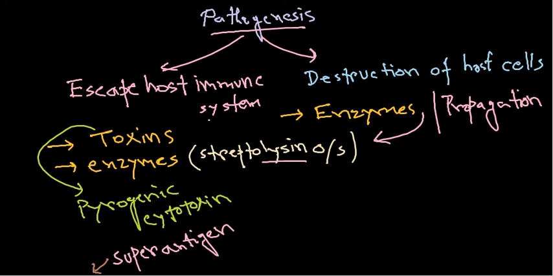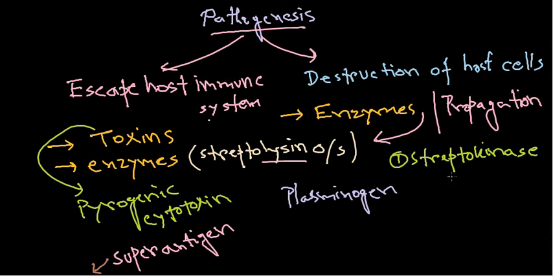One strategy is the production of an enzyme called streptokinase. So let me write it. The enzyme is called streptokinase. Now the streptokinase enzyme can convert plasminogen into plasmin. So we have plasminogen, which is the inactive form of the enzyme plasmin.